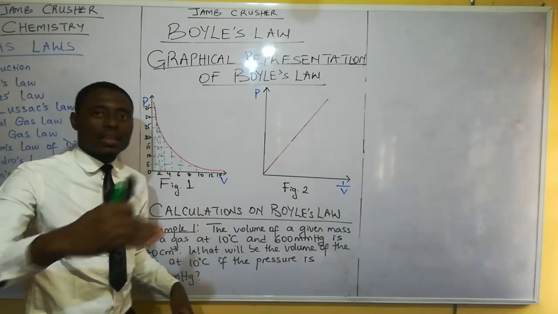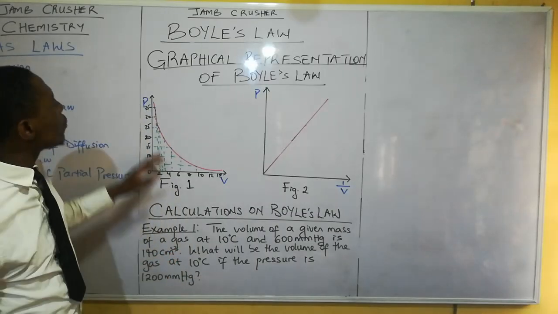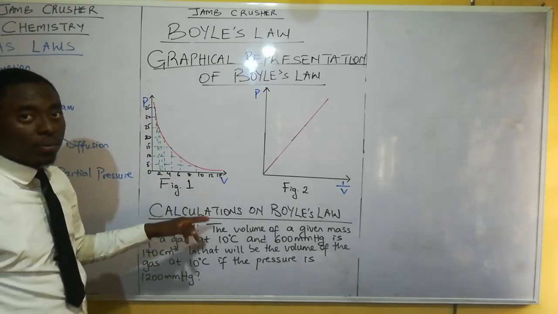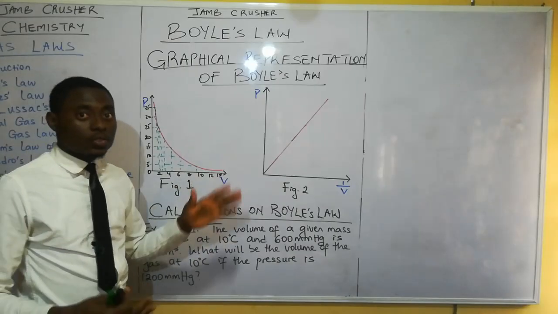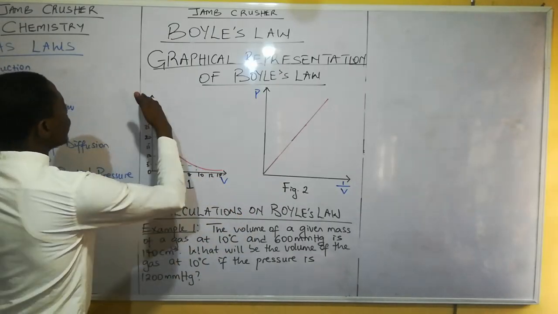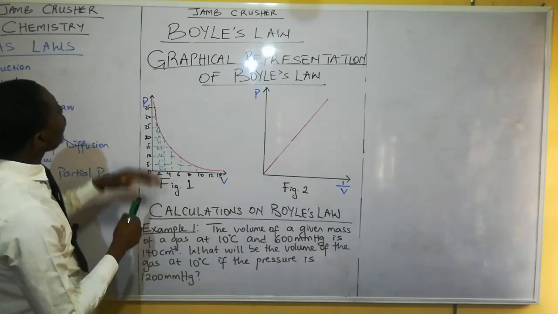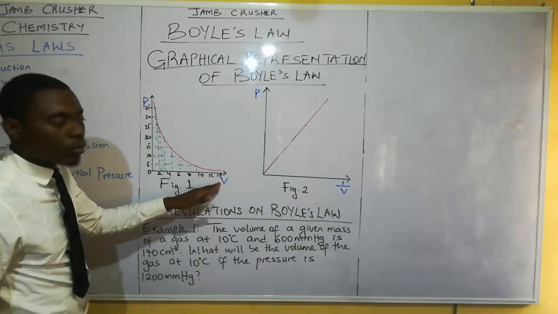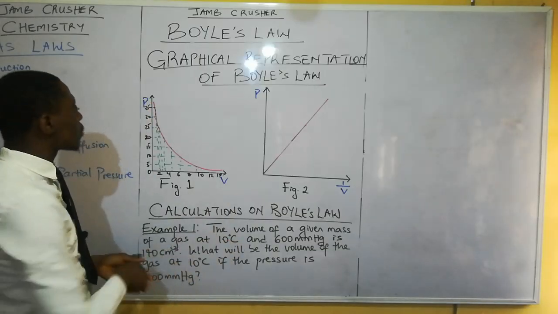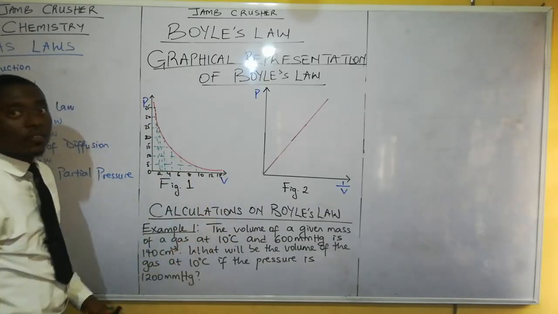It is not a straight line because it is not a linear relationship. The relationship between pressure and volume as regards Boyle's law, or the behavior of gases, is not linear. If it was linear, it would have been a straight line, just like this. But if you are plotting pressure against volume, you're not expected to get a straight line. You're supposed to get a curve. By the time you join those points together, you have this curve. So that's for figure 1.